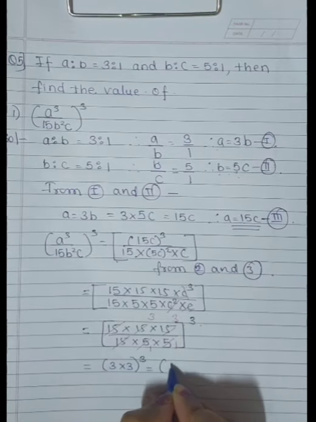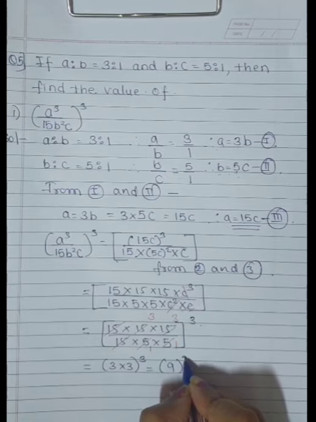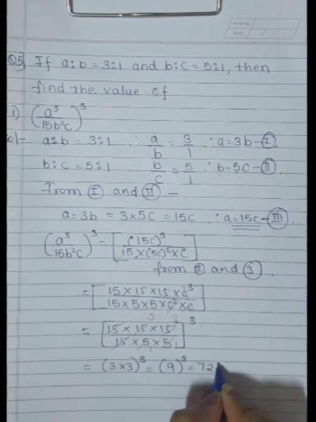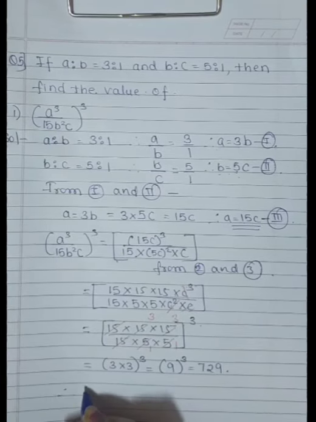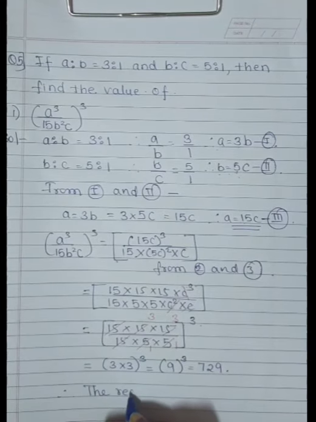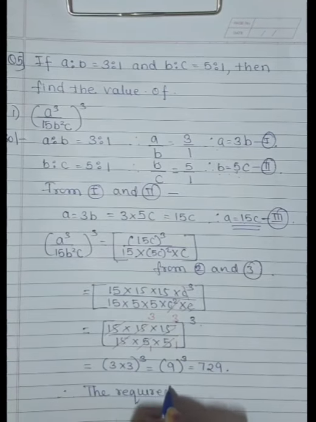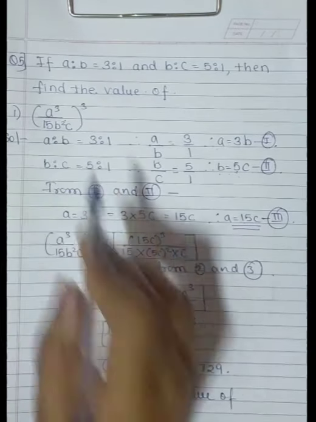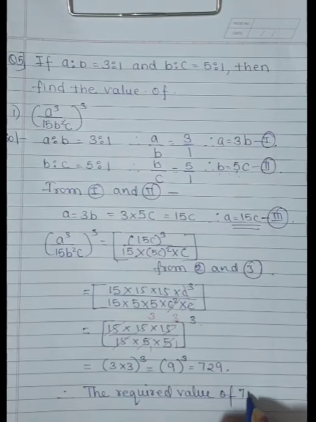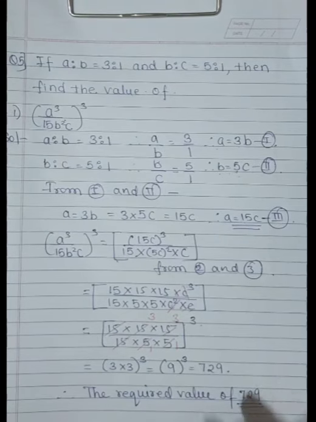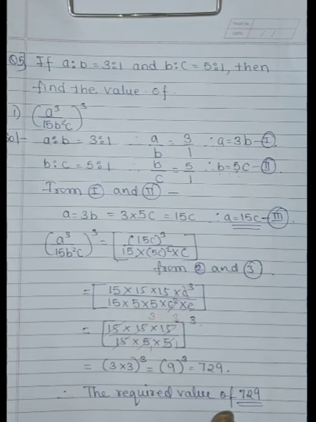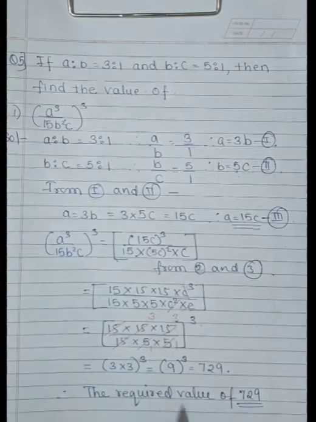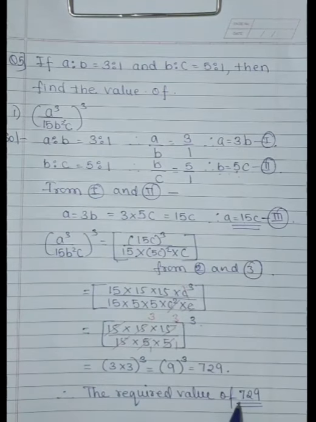This is our answer, that is 9 cube equal to 729. So therefore the required value of this equation is 729. We have solved question number 5, and we got the answer as 729.